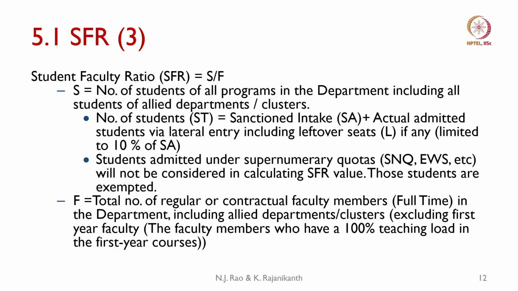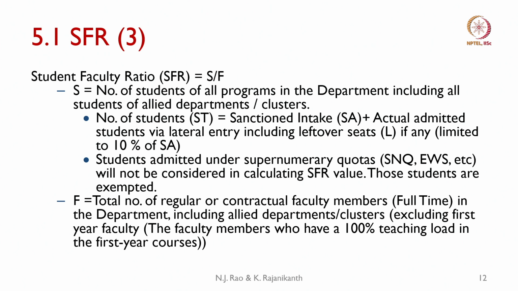Usually the diploma students are allowed to enter the second year of engineering programs and they are called lateral entry students. So, there is usually a 10% cap on the lateral entry admissions, and the actual admitted students may be equal to that or less than that.